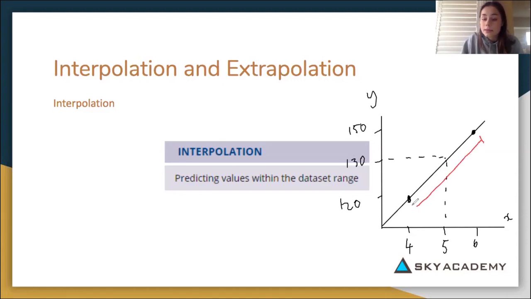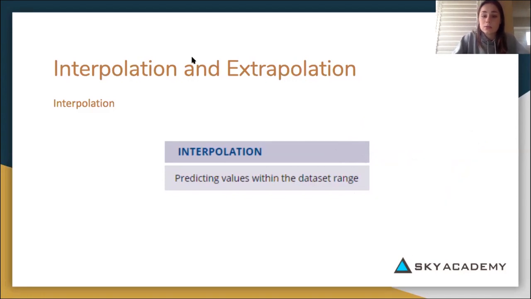That was the data range that we were given. And I was predicting the value in yellow when x equals 5. And I went up with my dotted line and across, and y we found was 130. So that's predicting a value within the range, and that's interpolation. Interpolation is predicting a value within a range.